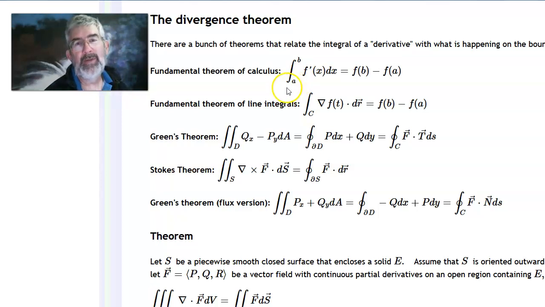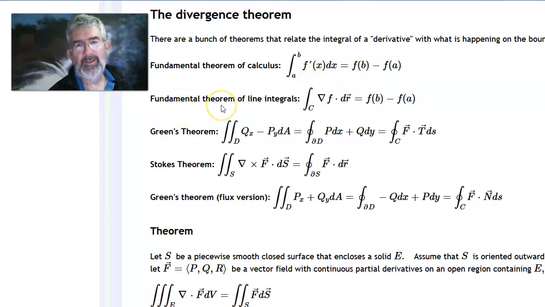It all started back in Calc 2 with the fundamental theorem of calculus that says when you integrate the derivative of a function from a to b, that's just equal to the function evaluated at b minus the function evaluated at a. It was just the endpoints of the integral that made any difference, right?